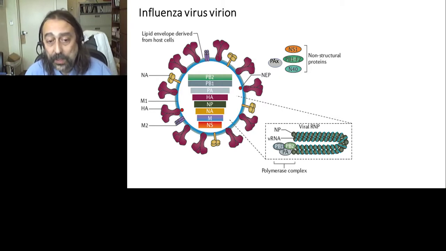Now, in the case of influenza, each of the 8 RNA segments encodes for 1 or 2 proteins, and some of them are structural, as depicted here in the scheme of the virus, and some of them are non-structural, as also depicted here in this slide.